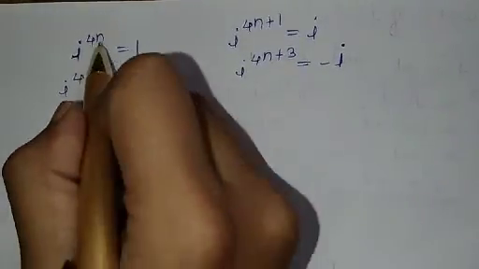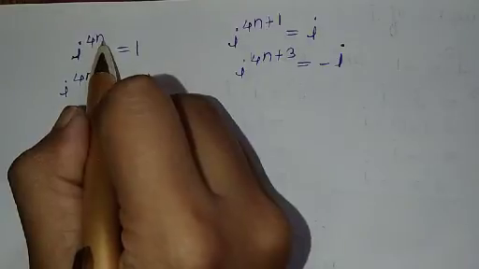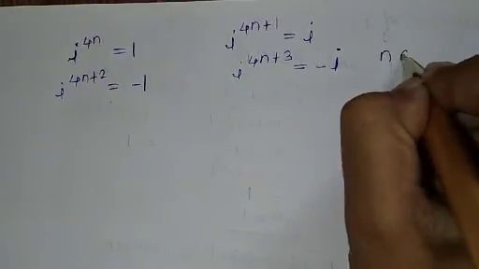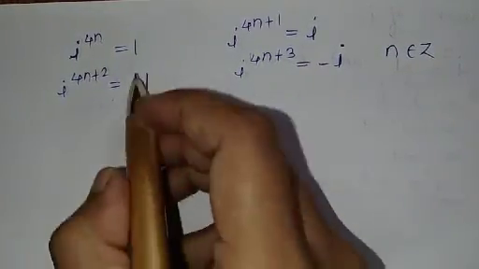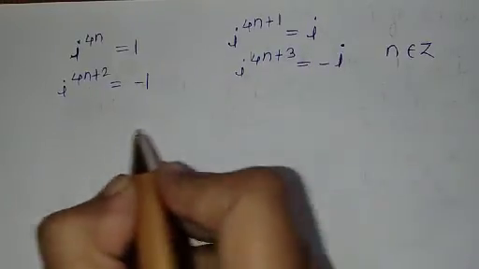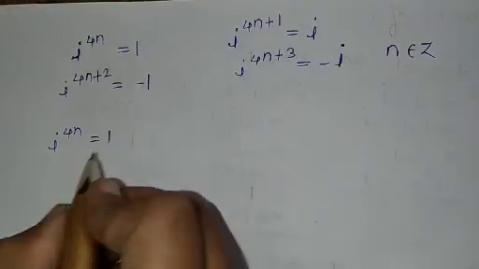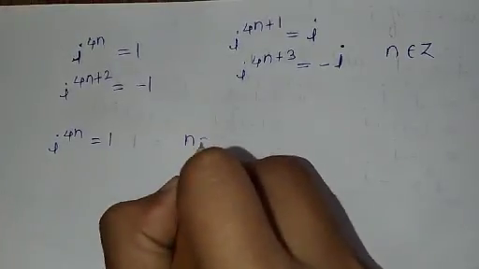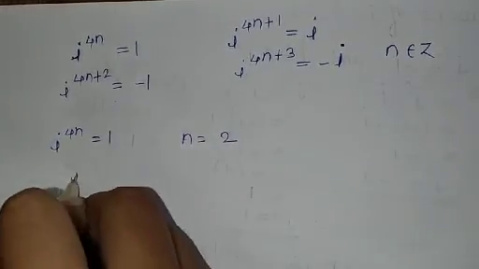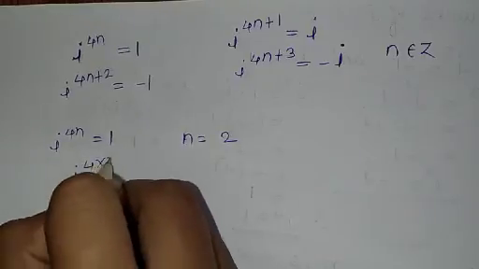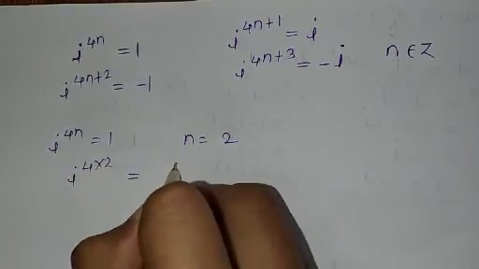Simply we put n as a positive integer and we get this result. If iota raised to 4n is equal to 1, and we put n is equal to 2 here, we get iota raised to 4 into 2, that will be iota raised to 8.